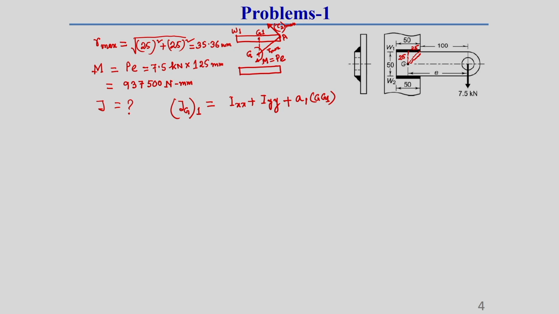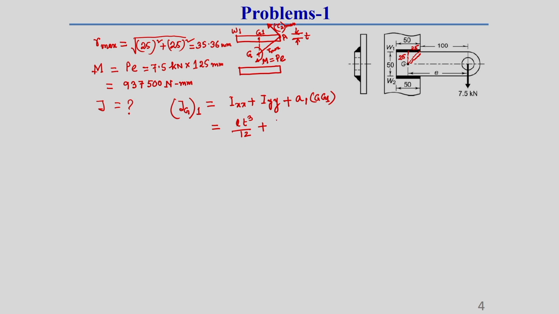That means, for this one, its center of gravity is G1. Now, I have already shown in the last class that Ixx is L T cube by 12 plus, because this Jg we are finding out, the cross sectional area in the throat region.